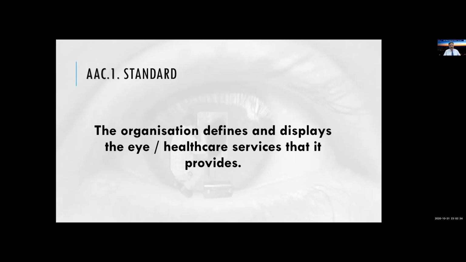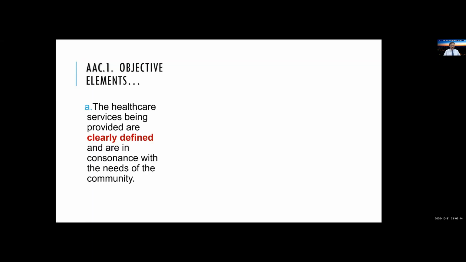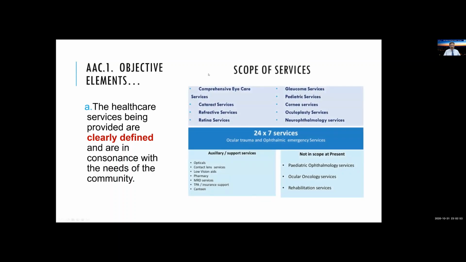So most of the eye care organizations have been implementing NABH standards, particularly this chapter, very easily, because most of these are already in place. The first objective element is that healthcare services being provided are clearly defined. So how do you define the services you provide? This is a question for most organizations going for the entry level or the first assessment of the eye care standards.